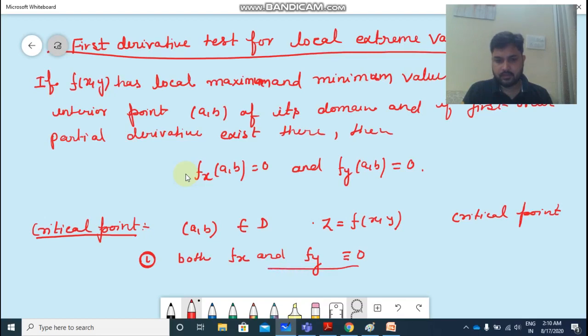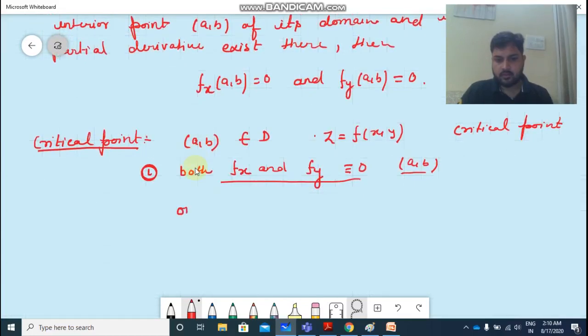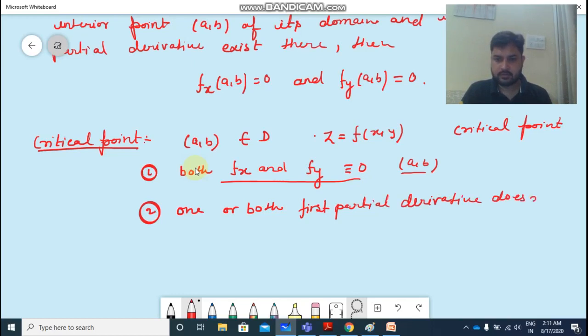Either this condition is satisfied at point (a,b), that is both derivatives exist at point (a,b) and their values are equal to 0, or if this does not hold, then one or both first order partial derivatives do not exist at (a,b), then we call (a,b) a critical point.